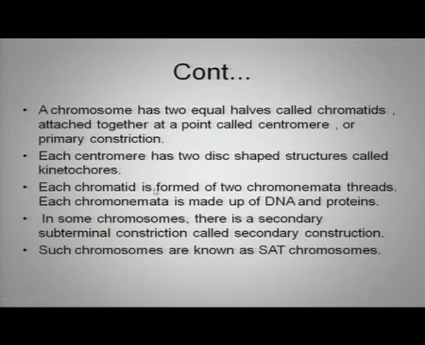Each chromatid in turn is formed of two chromonemata threads, which are made up of DNA and protein. In some chromosomes, there is a secondary subterminal constriction. We call it secondary constriction. Such chromosomes are known as SAT chromosomes, or satellite chromosomes.